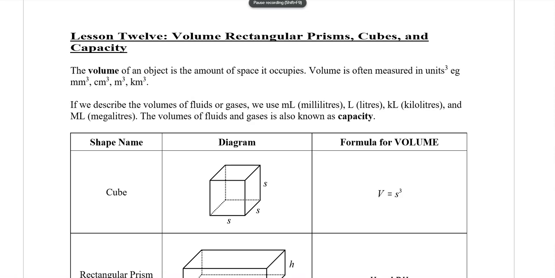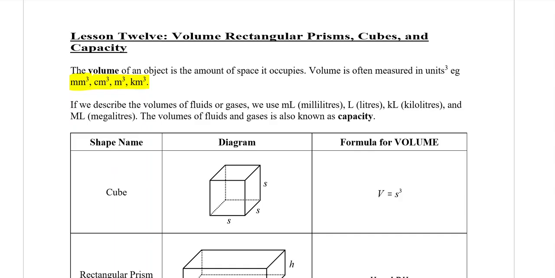Hello, Year 8. Today we are looking at the volume of rectangular prisms and cubes, and we will be turning our volumes into capacity. So the volume is the amount of space that an object occupies. When we calculate it, it will usually be measured in things like millimeters cubed, centimeters cubed, meters cubed, or kilometers cubed.